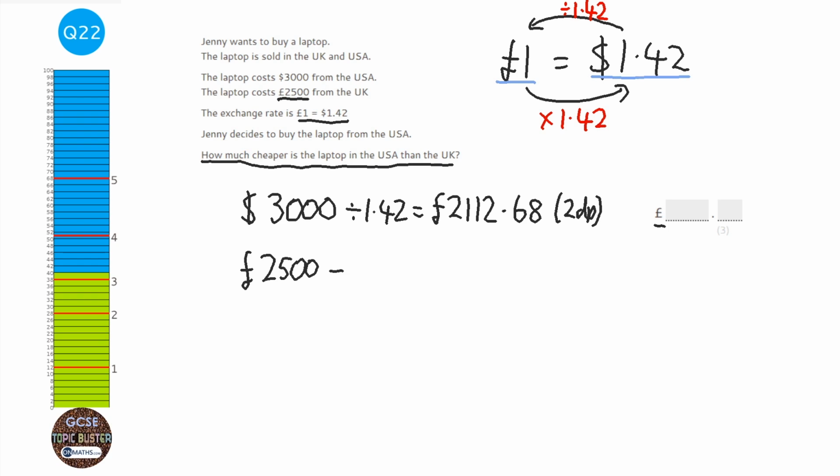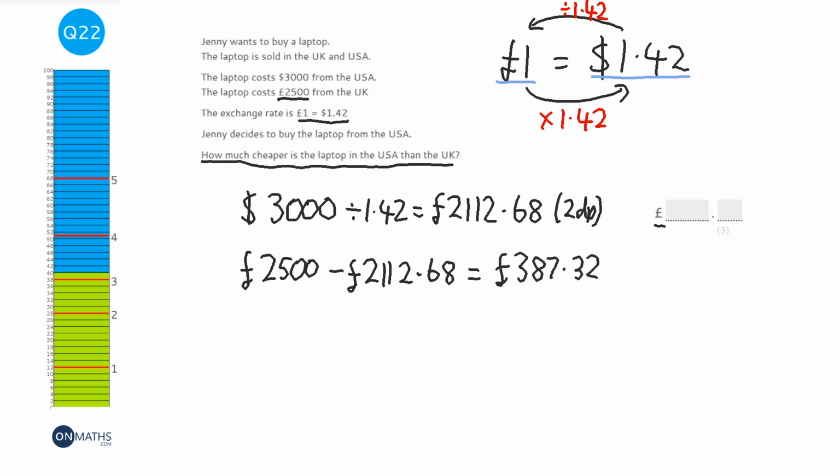We're going to take away the £1,112.68. And on my calculator, I'm just going to type in 2,500 take away answer, and then press equals, and it gives me the answer of 387.32. So it's £387.32 cheaper.